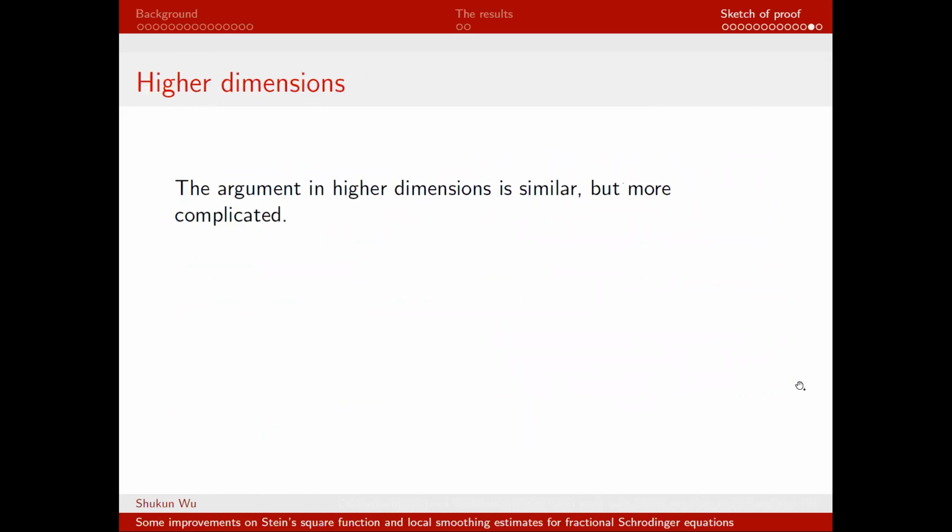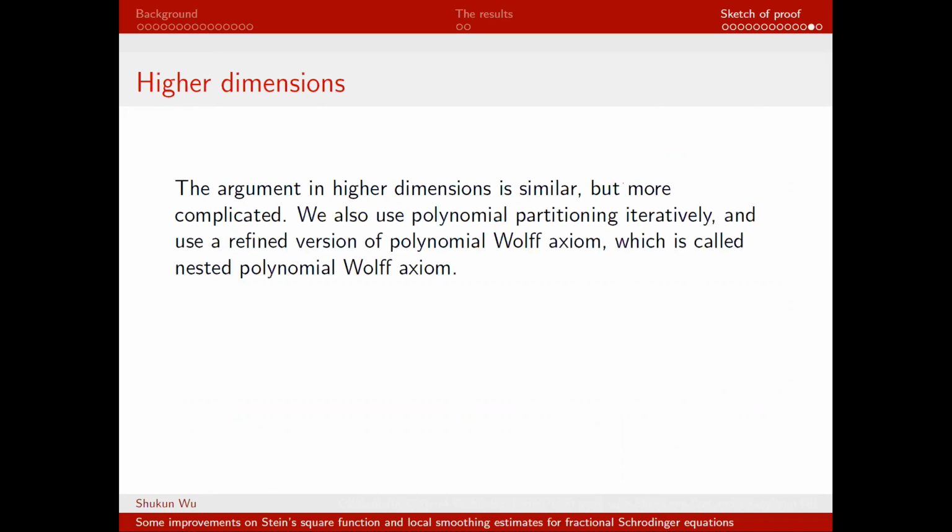The argument in higher dimensions is pretty much similar, but much more complicated, I would say. We also use polynomial partitioning iteratively, and instead of polynomial Wolff, we use a refined version of it called nested polynomial Wolff.